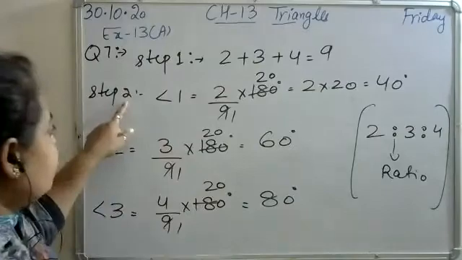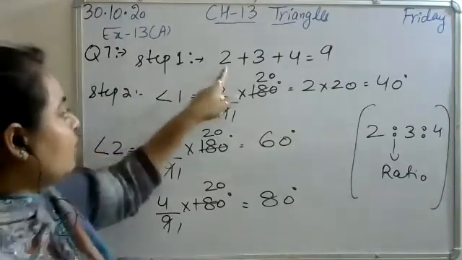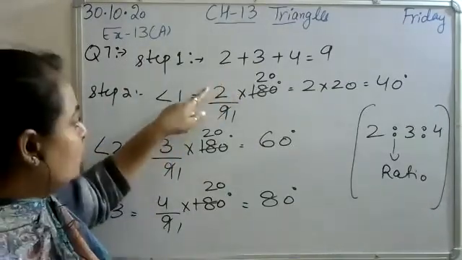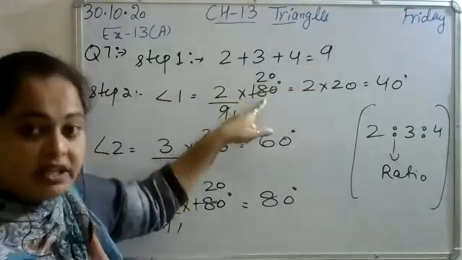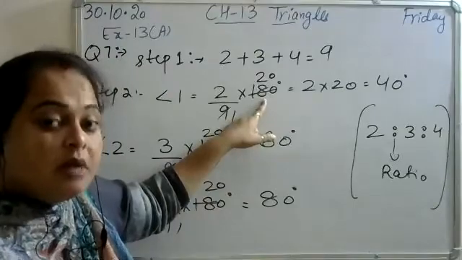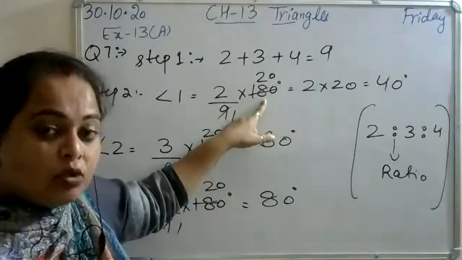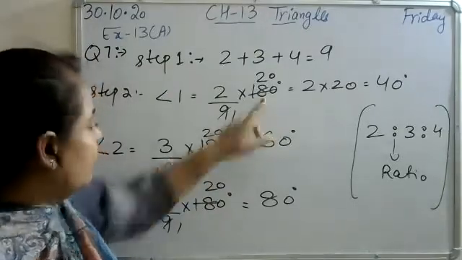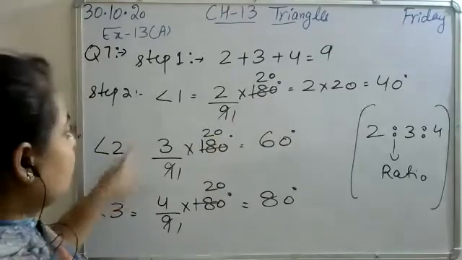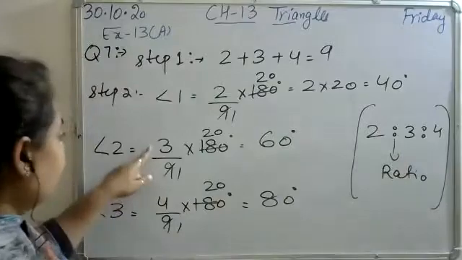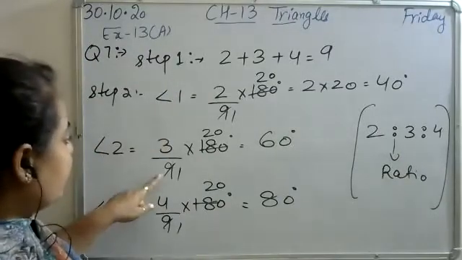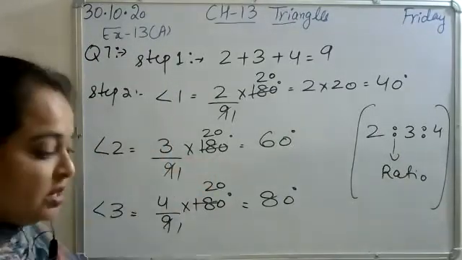Now in the second step, angle 1. First is 2. So 2 divided by this 9 multiplied by 180 degree. Why 180 degree? Because the sum of 3 angles is equal to 180 degree in a triangle. Similarly, angle 2 means this second number. So second number is 3. Total is 9 multiplied by 180 degree. So write down.